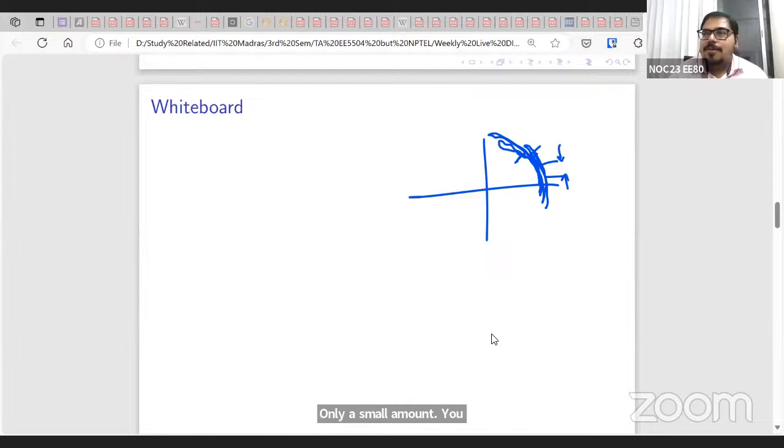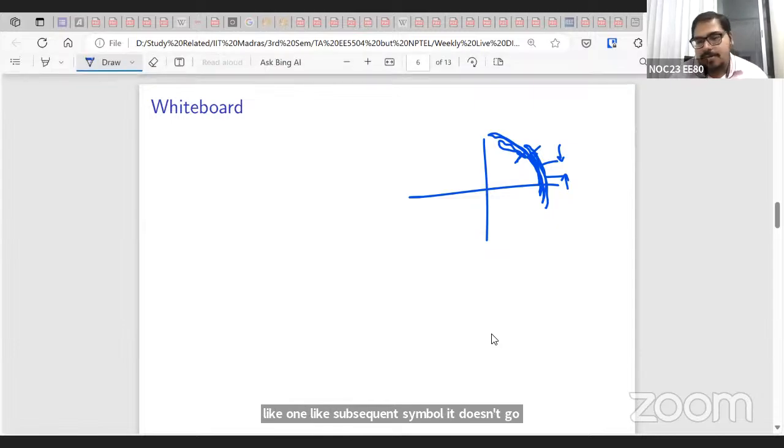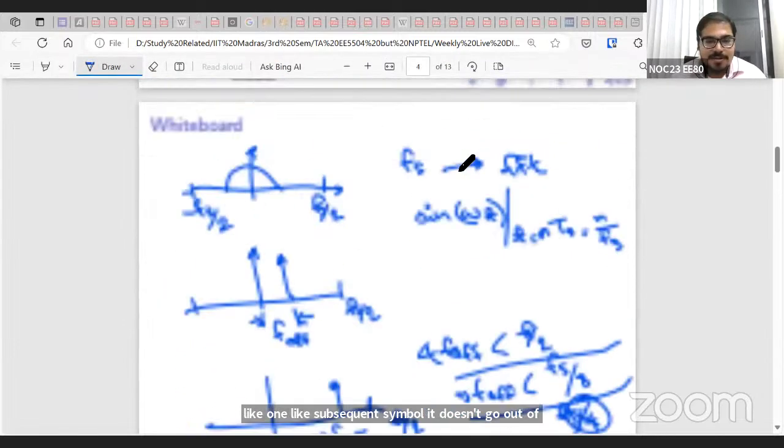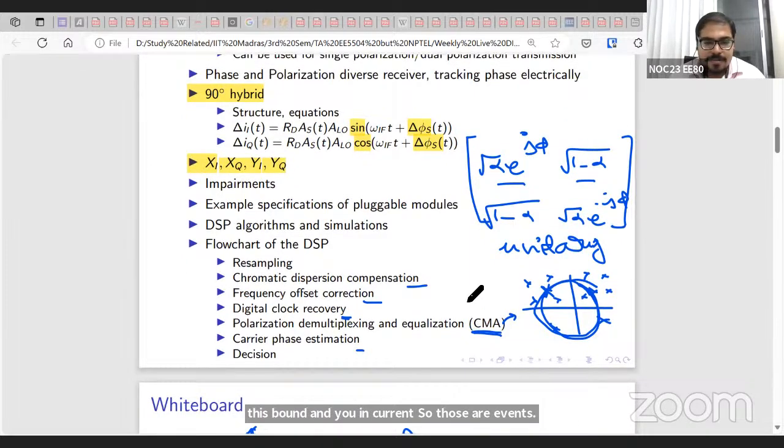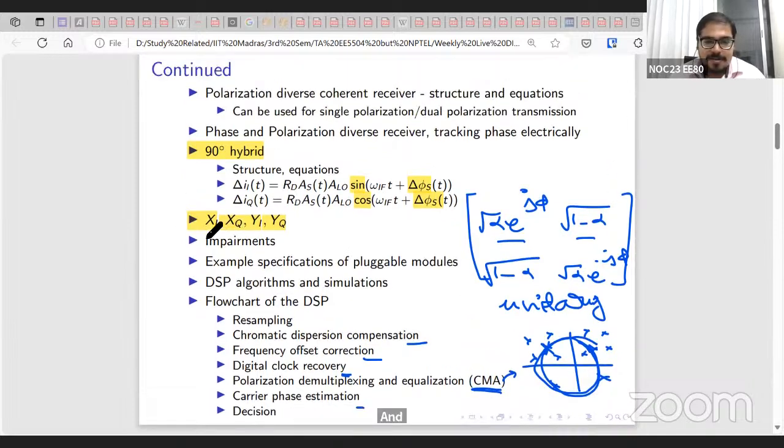So in the subsequent symbol, it doesn't go out of this bound and you incur no errors. So those are the impairments, and that's pretty much it. These are the signals you get.